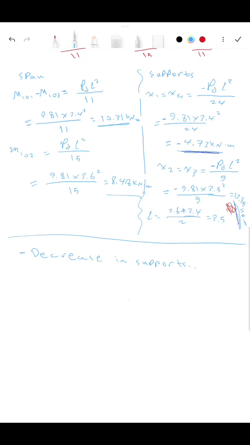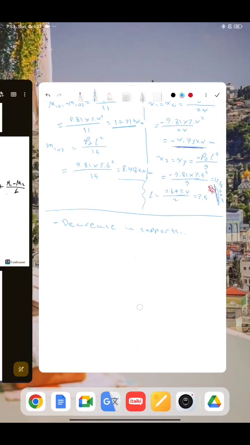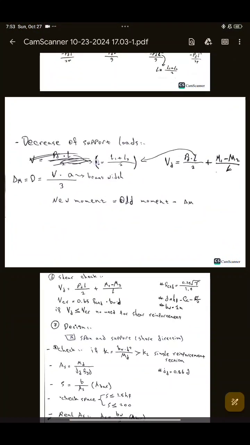How do we calculate the decrease of the moment in the support? We will follow these formulas. First we will calculate the shear VD, and after that we will calculate the decrease of the moment, and then the new moment, which is the old moment minus the decrease of the moment.